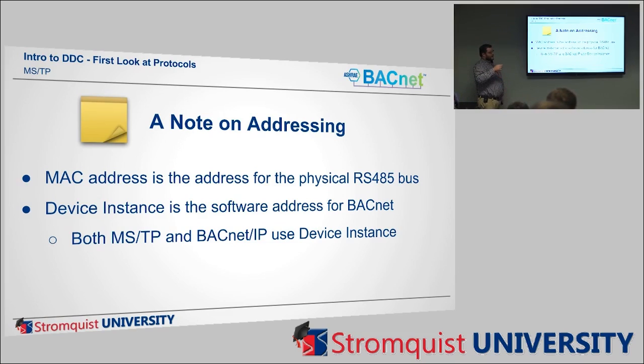So if I have a BACnet bus, say I've got a router, and then I've got a bunch of VAV controllers going off of it, the MAC addresses will start at 1, 2, 3, 4, 5. And that just handles the physical communication on that bus. The device instance is more of the software level, where it's a unique number across the whole system. No matter how many buses you have, you have a unique device instance within that system.